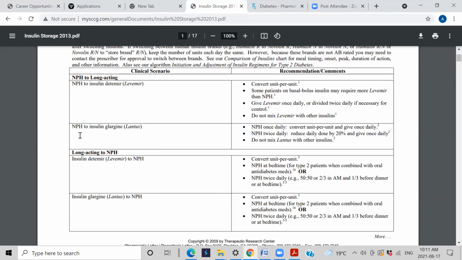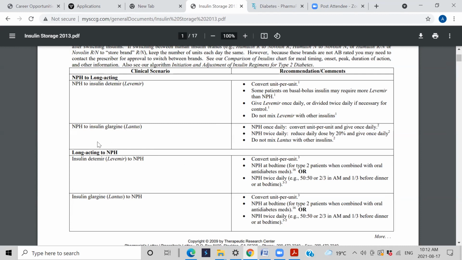If the patient is taking NPH once daily, we convert it to the same amount of Lantus. Like the patient is receiving 50 units of NPH at night, and we need to change him to insulin glargine, we will give him 50 units of glargine at bedtime without any change.